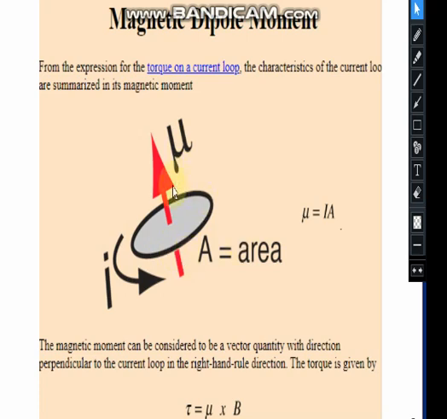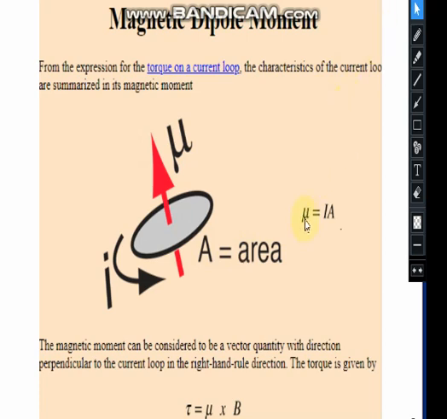And its magnitude will be equal to the current I carried by the loop and the area A of the loop. So mu equal to IA represents the magnetic dipole moment, and its direction will be along the outward drawn normal to this area, which again is determined by the right hand rule.